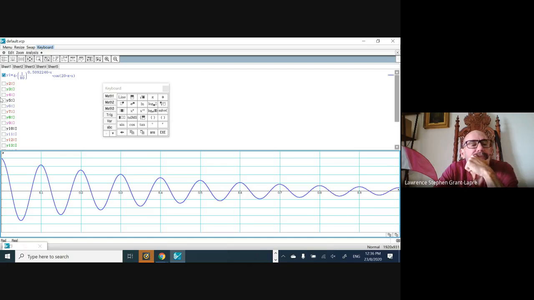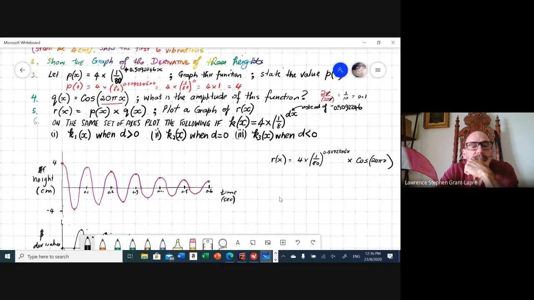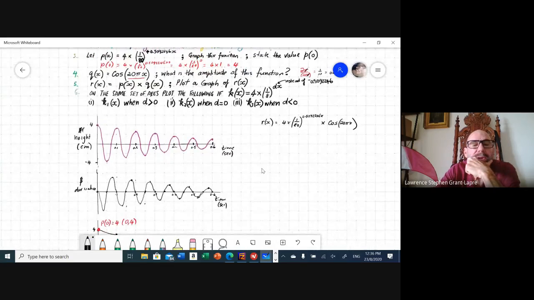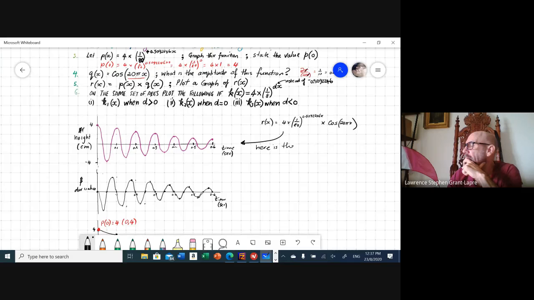And there you go. I think we've already sketched one of these. And I think I can quite safely say, if you were to look very carefully, here is the graph of that function.